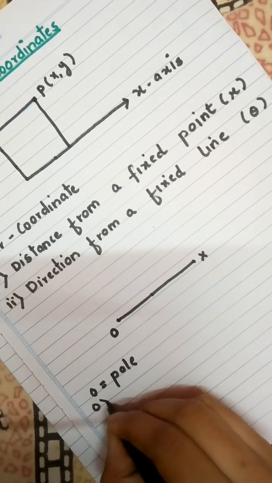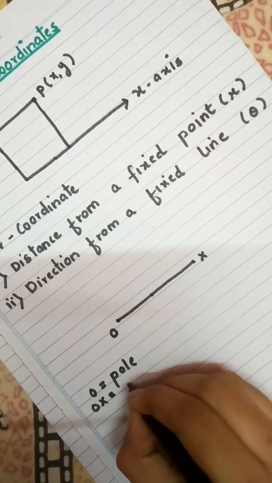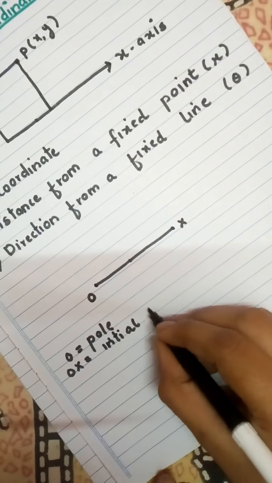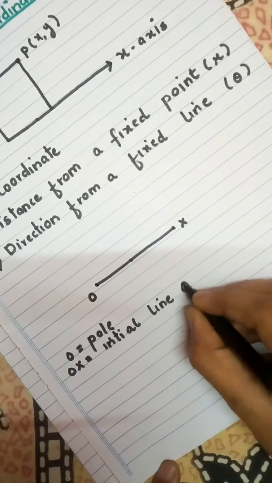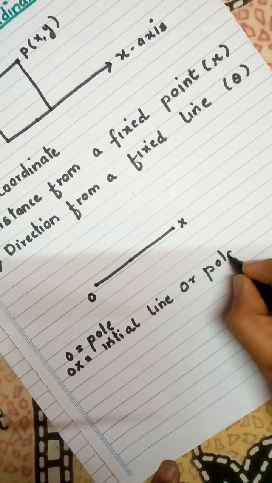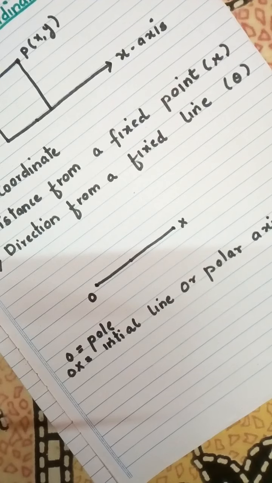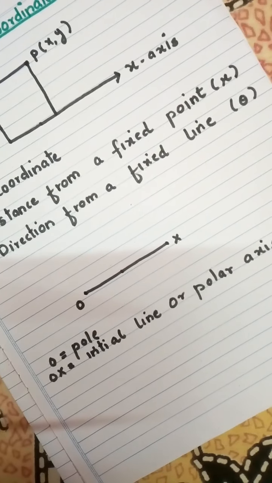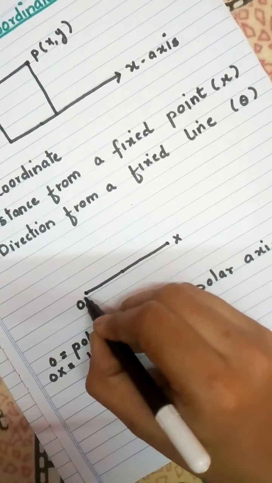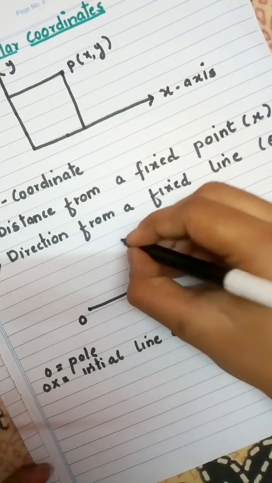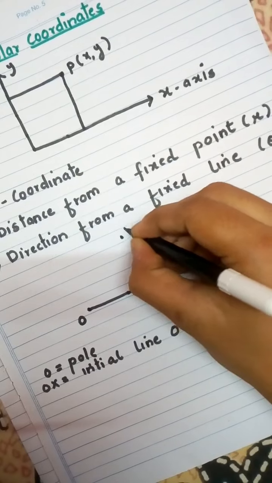Now, O is the fixed point, so suppose we have a point P here.